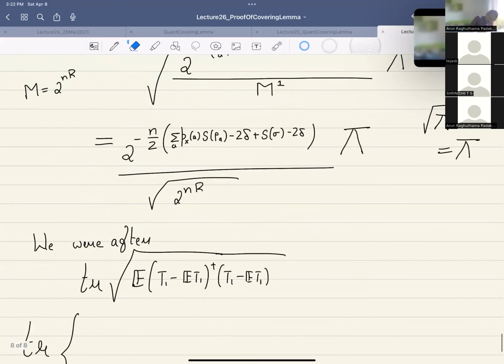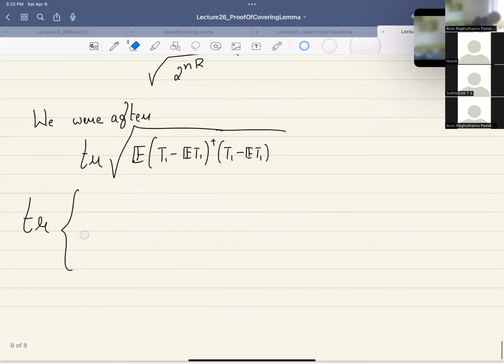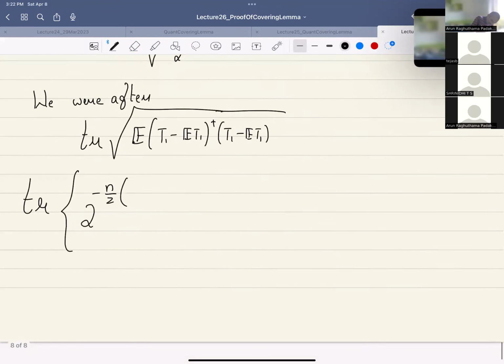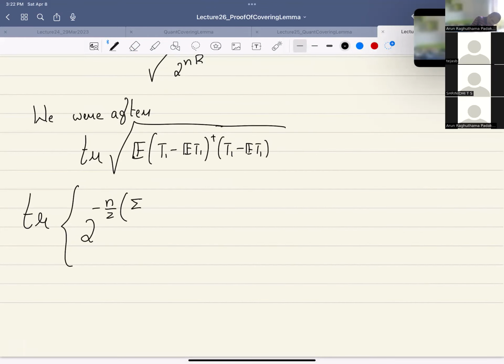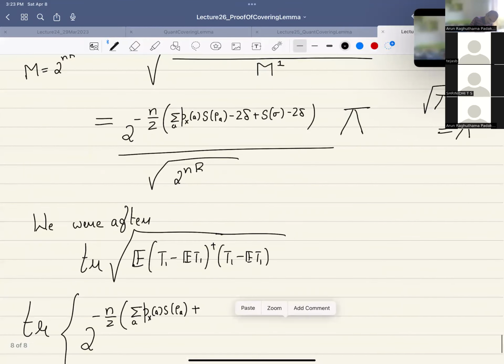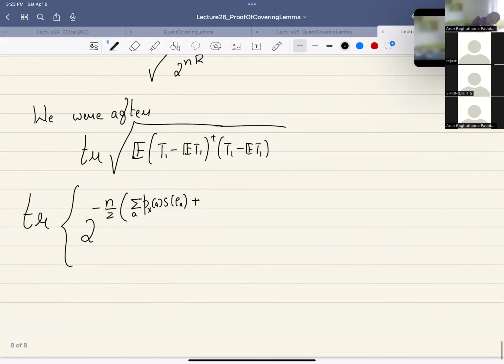Okay. So trace of, I'm going to write this thing slightly differently. 2 power minus n by 2, a p x of a s of rho a, plus, not plus, yeah, plus s of rho minus 4 delta, right?